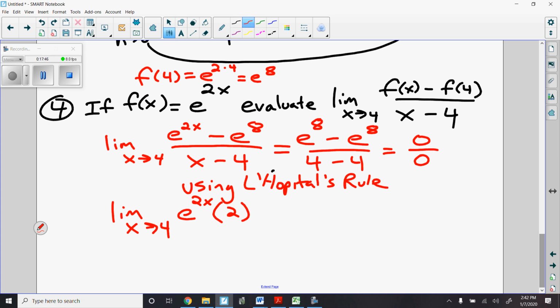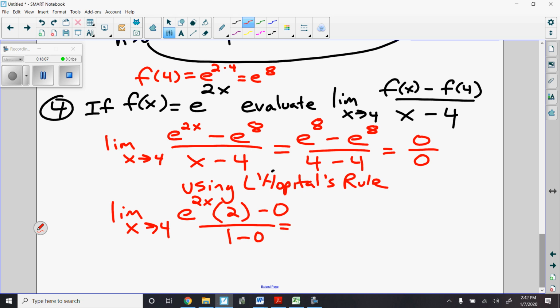And once again, e to the 8. When we look at that, e to the 8 is a constant, so its derivative is 0. Over the derivative of the bottom, I get 1. Right, the minus 4 is a constant, so its derivative is 0.